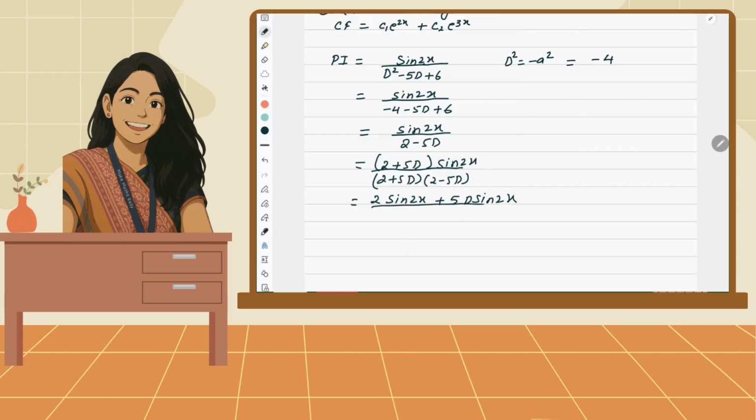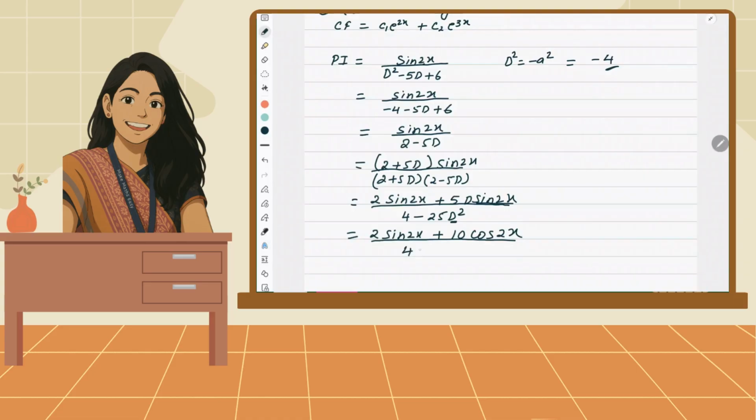In the denominator it is (a plus b)(a minus b), so a square minus b square. Now D square came again, and the moment D square comes, I can put minus 4. In the numerator, 2 sin 2x plus 5 times D of sin 2x. D of something means differentiation, so differentiating sin 2x gives 2 cos 2x, so 10 cos 2x.